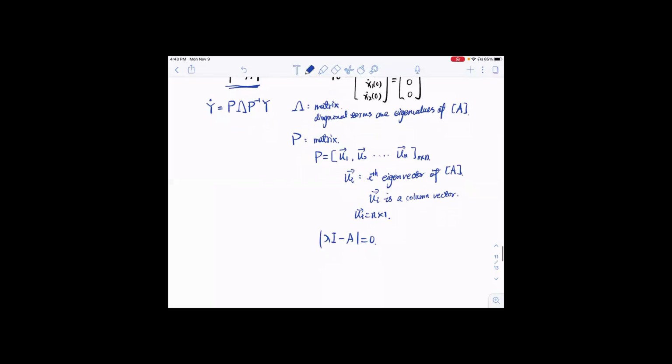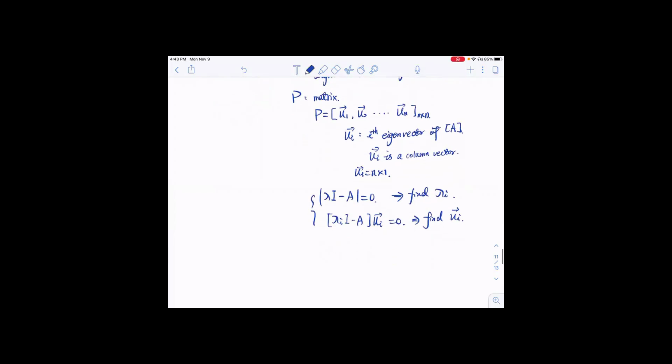In order to find your ui, you just put the ith lambda into that equation and then solve those linear equations. So that's how you find the lambdas, and that's how you find ui. This is hand calculation.